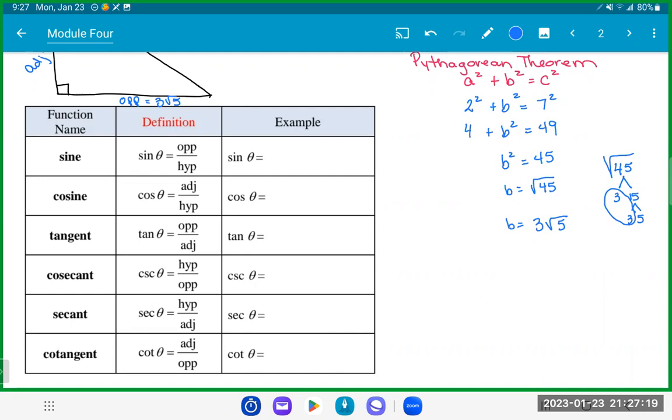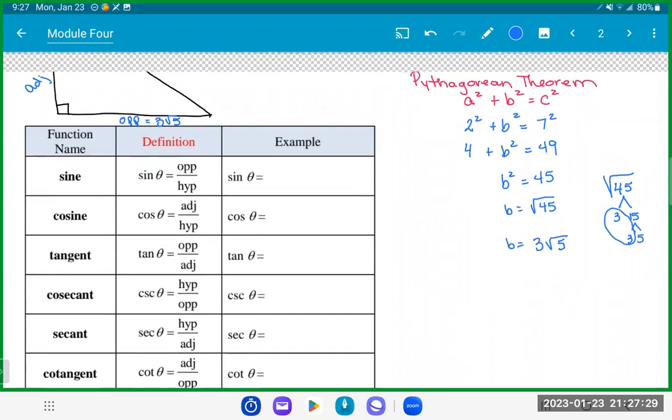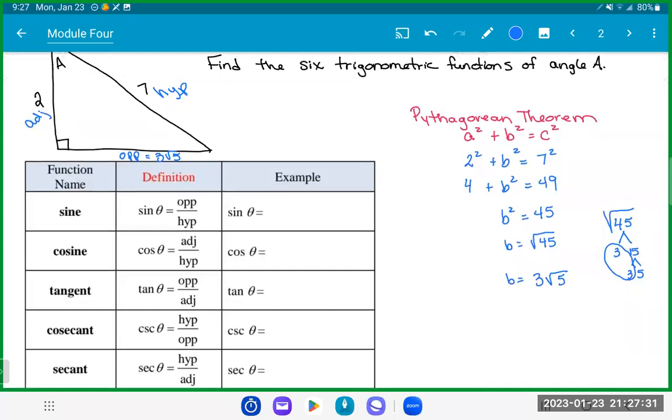Okay. So the first one, we have our opposite over our hypotenuse. Our opposite is 3 square roots of 5, and our hypotenuse is 7.